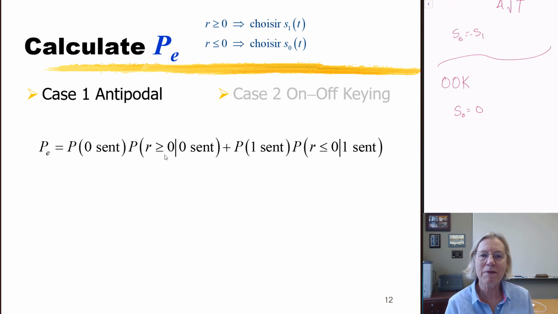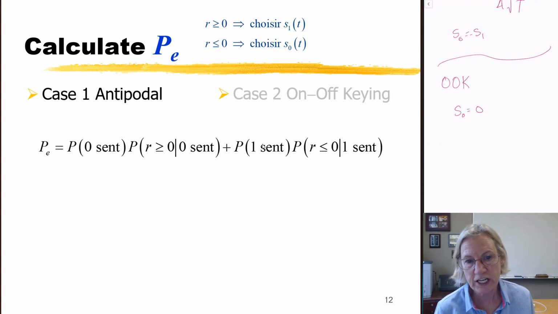It should be negative, but it's positive, and because it's positive, I'm going to choose the wrong one. So this is called one kind of error event. It's the error event in the case that a 0 is sent, but a 1 is chosen. Now the other kind of error is that a 1 is sent, but a 0 is chosen. And the total error probability is the sum of the probabilities of the 2 types of errors which can occur.